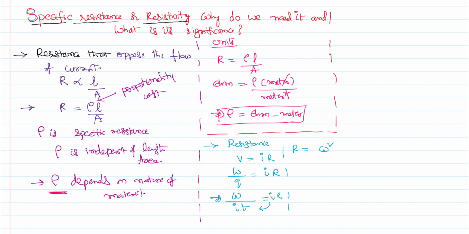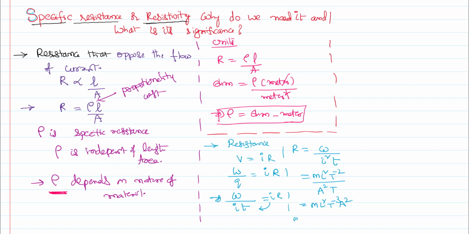Then it becomes work done divided by I square and T. You know the formula for work done as M L square T power minus 2. So resistance has a dimension of M L square T power minus 3 ampere power minus 2, or I power minus 2, as you wish.